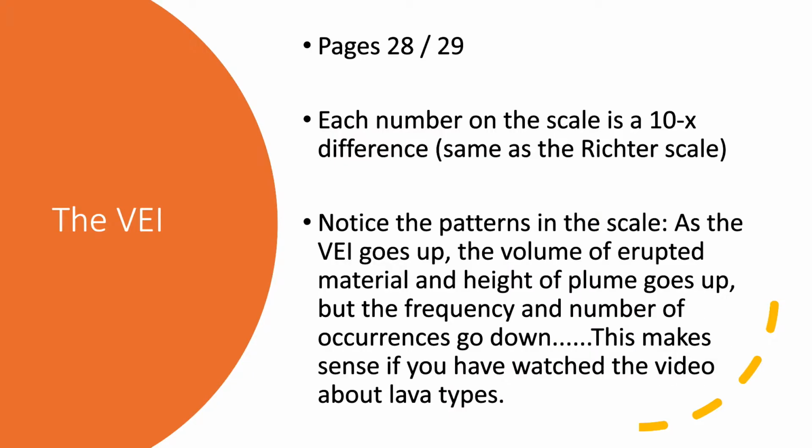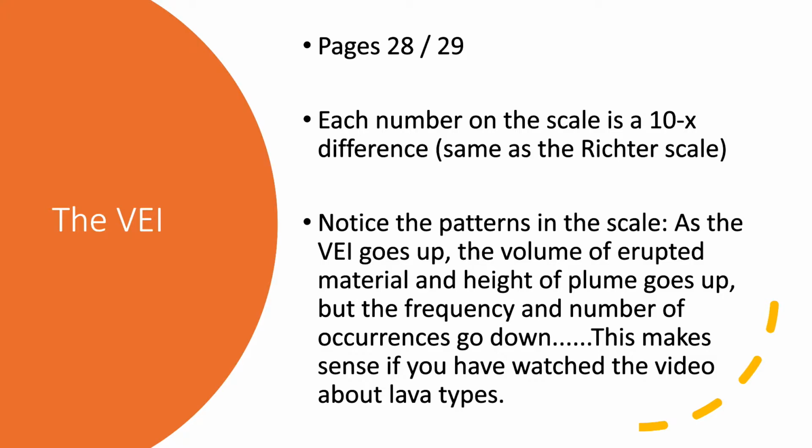So, what do we need to know about the VEI? Well, I've told you which pages of the module it's on already. Above the table on page 28, it does tell you in the third paragraph, each interval on the scale represents a 10-fold increase in observed eruption criteria.